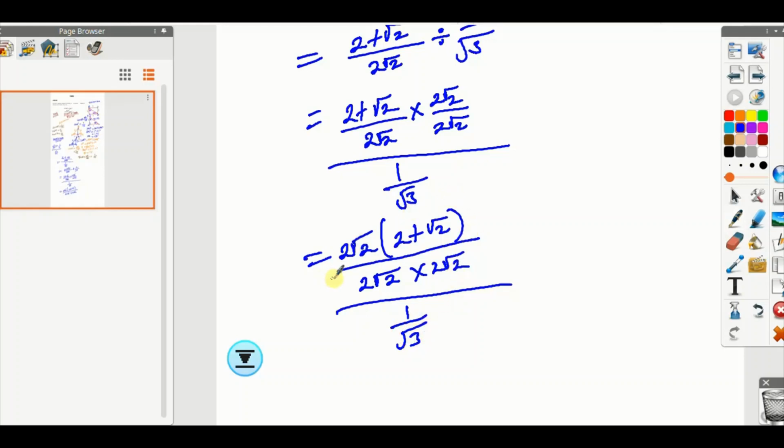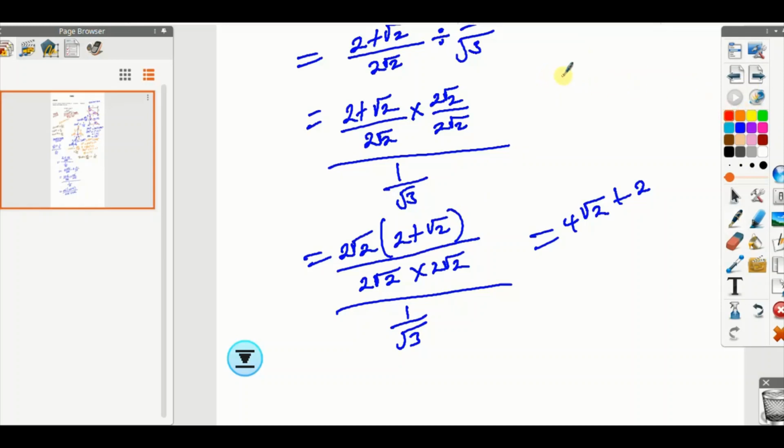Now I want to explain something here. This will be equal to 2 root 2 times 2, which is 2 times 2, we have 4 root 2, right, plus 2 root 2 times square root of 2. Now we have our 2 here, so square root of 2 times square root of 2. Let me explain that here.